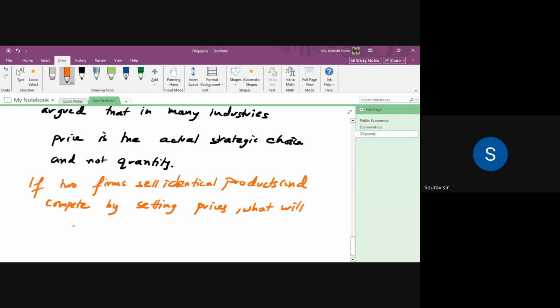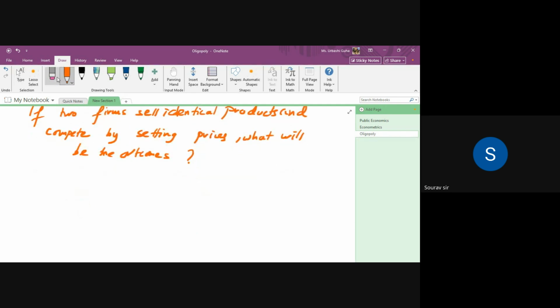In this way, we have to think. Two firms selling identical products and competing by setting price, then what will be the outcome? So Bertrand's insight was striking.